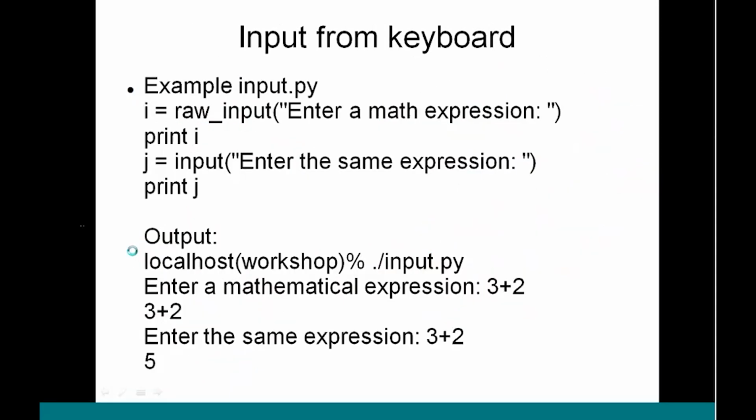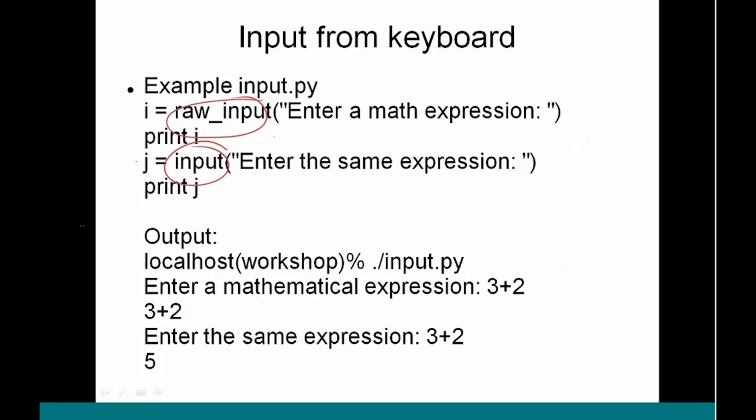Now let's look at how we gather input from the keyboard. For this we use the function raw_input, or we can also use just input. Let's see how we can make use of this.